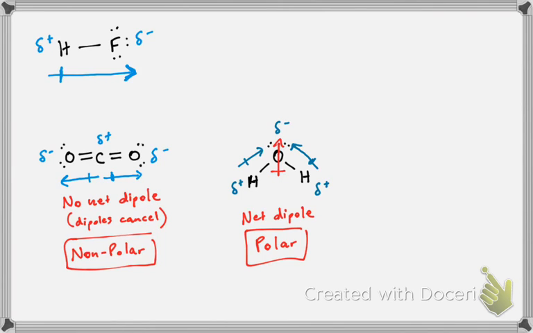Now let's check out some of those more complex cases. So let's check out xenon tetrafluoride. I'm going to give myself some space here. So xenon tetrafluoride we saw was this square planar shape.